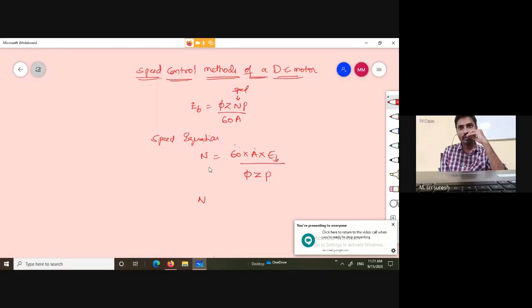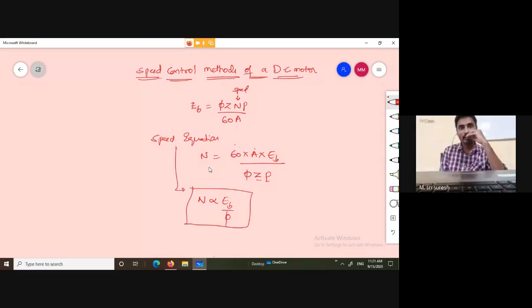The other parameters are also constant because they depend on the construction of a DC motor. So if we take these parameters as constant, we can write N proportional to EB by phi. This is the speed equation of a DC motor.